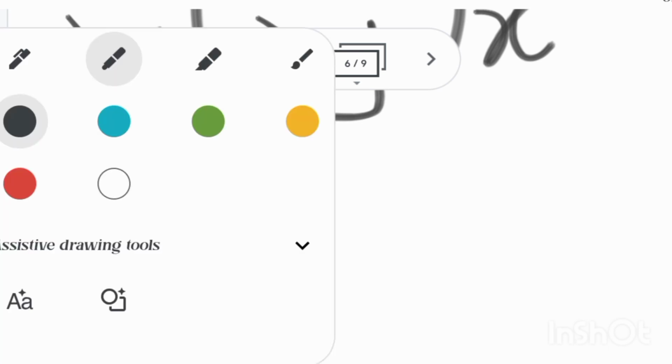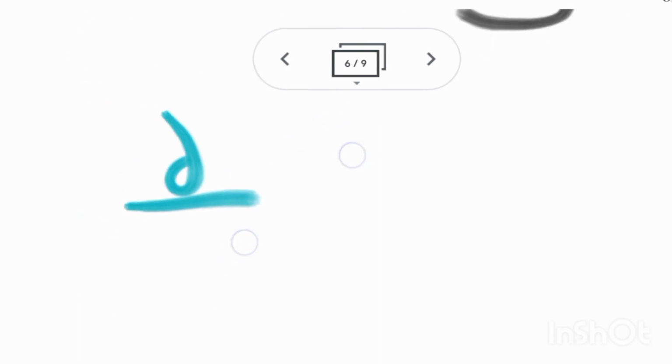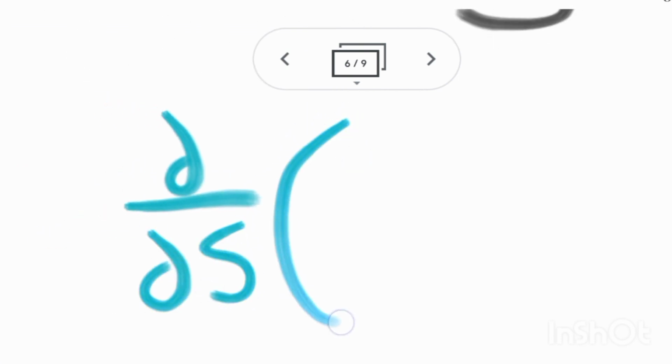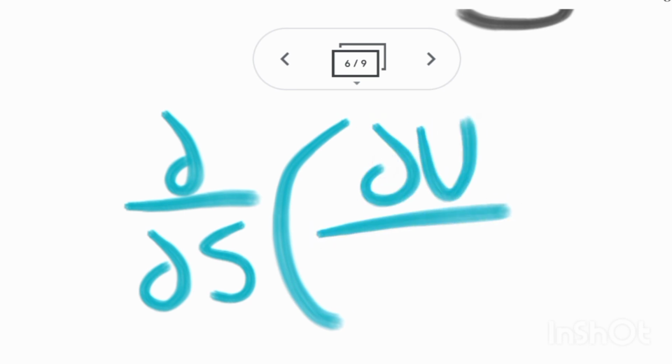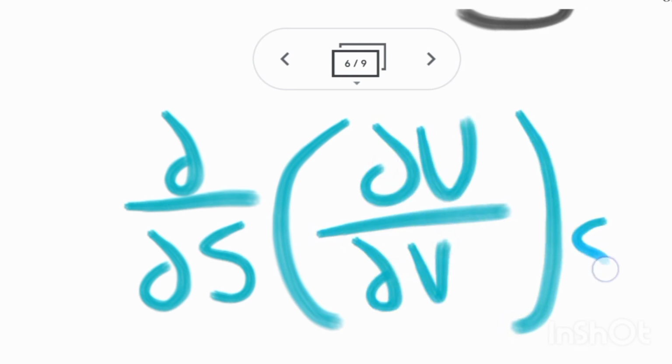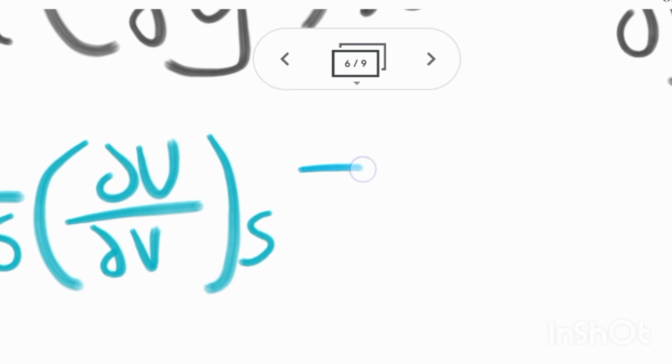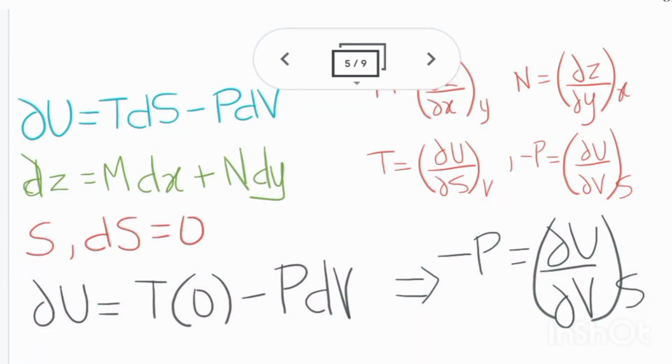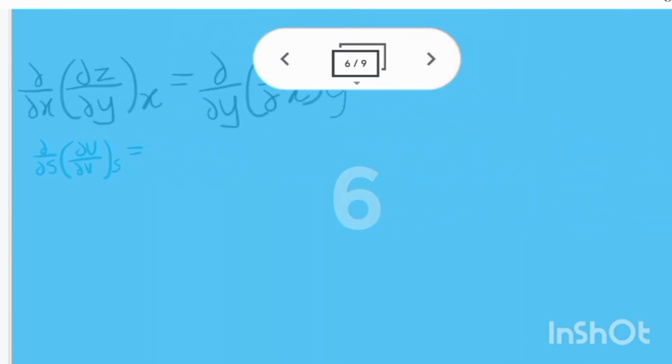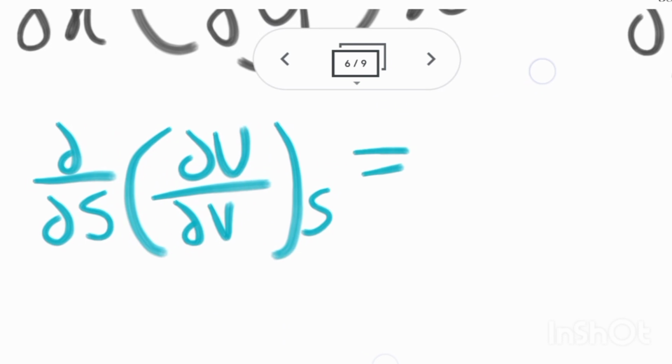So let me do this first: ∂/∂s of (∂u/∂v) at constant s. Now you know from the previous one that ∂u/∂s at constant v is equal to T, right?